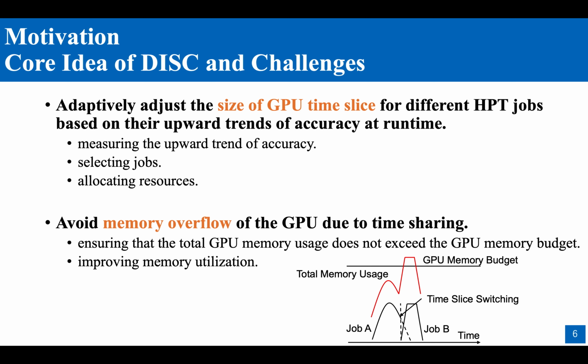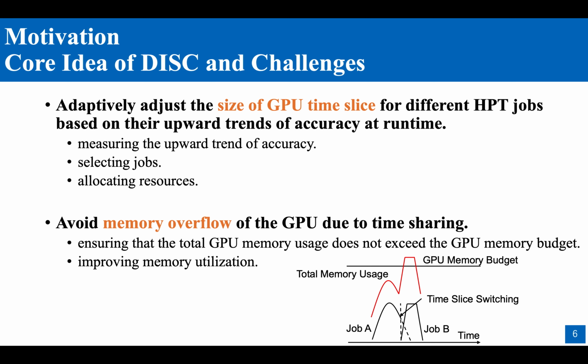When the time slice is switched from HPT job A to job B, the iterative training of job A is not terminated. The memory occupied by job A still remains in the memory, which could cause the memory usage of job B to exceed the GPU memory budget, resulting in memory overflow and even system crash.